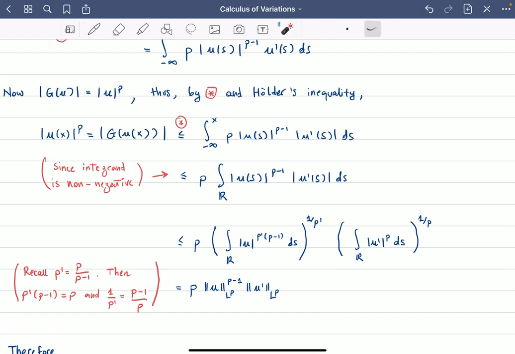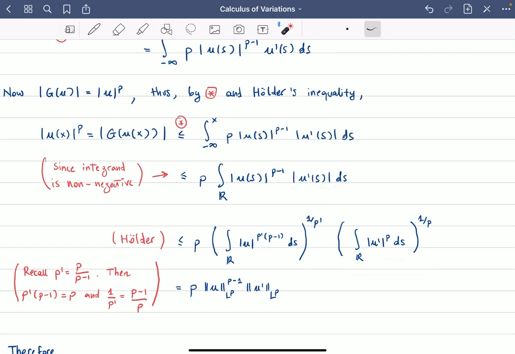And okay, once we get to this point here, we use Hölder inequality, with exponents p and p prime. So you see I'm using Hölder with exponent p on this one, and I get this term.